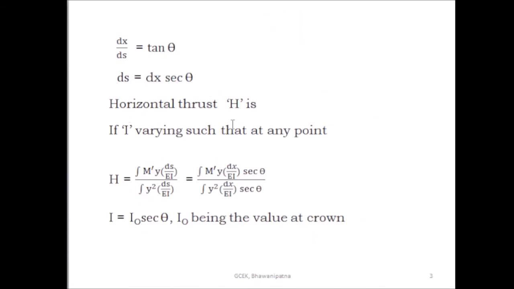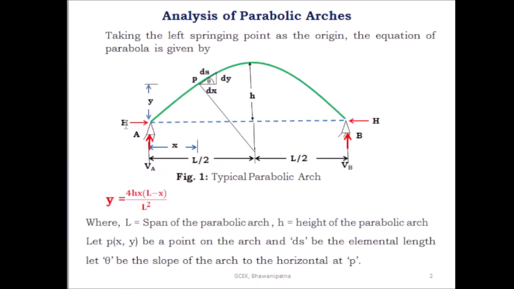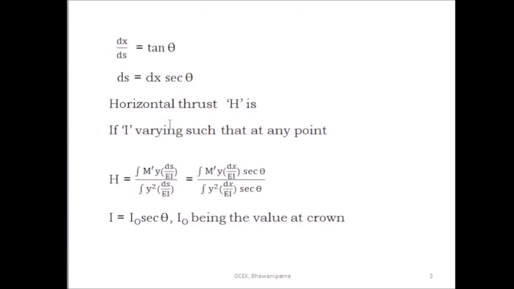The horizontal thrust is denoted by H. For a varying I section, if I varies at any point, in that case the horizontal thrust is equal to integration M dash y ds by EI divided by integration y square ds by EI, which is equal to integration M dash y dx by EI into sec theta divided by integration y square dx by EI into sec theta.